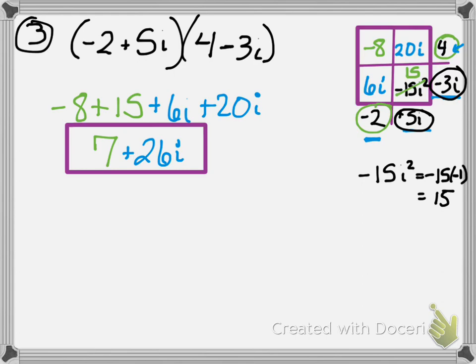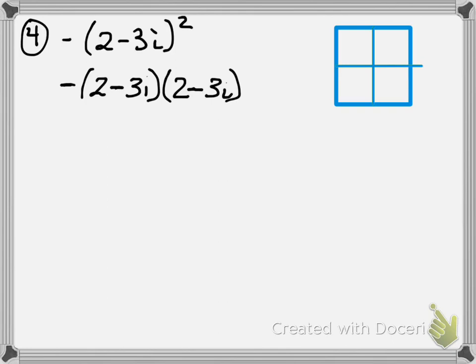So when we're multiplying these, or just this straightforward, sometimes there is something in front. So this time we have a negative in front of the parenthesis, which is a negative 1, times 2 minus 3i, that quantity squared.